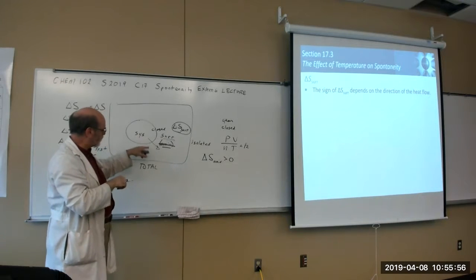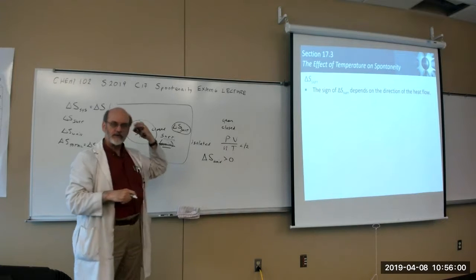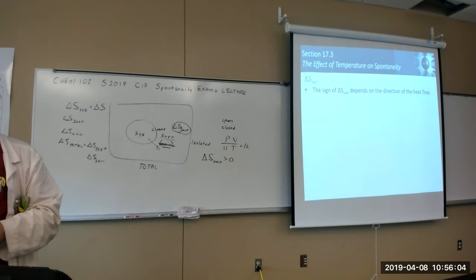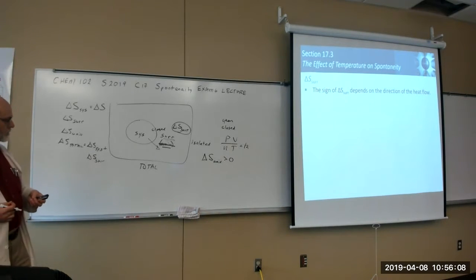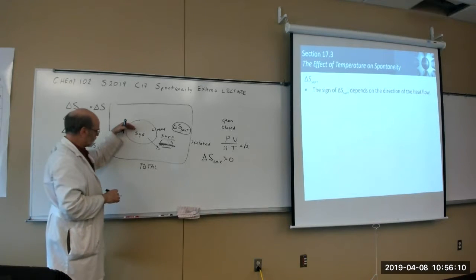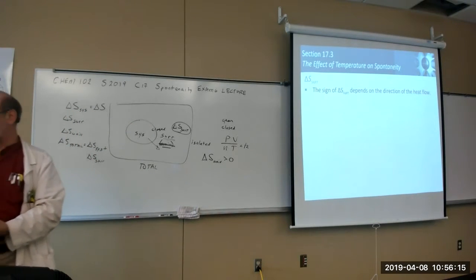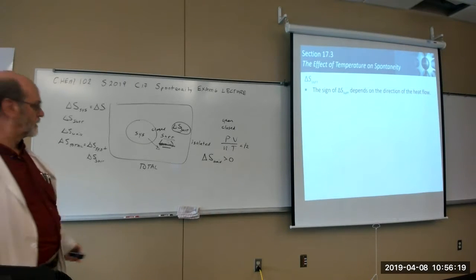On an exothermic process, we would expect delta S surroundings to increase. Exothermic, where heat is leaving the system and entering the surroundings, should increase the entropy of the surroundings.